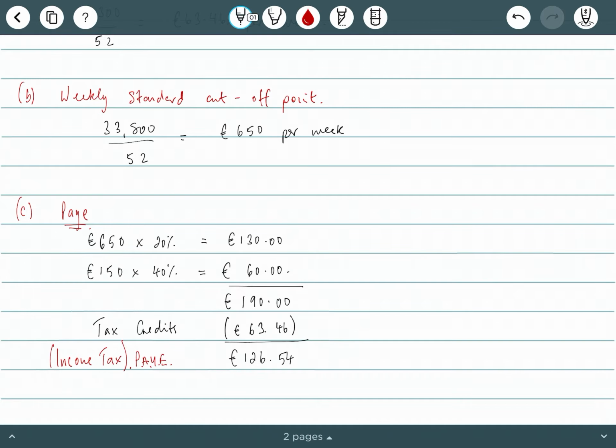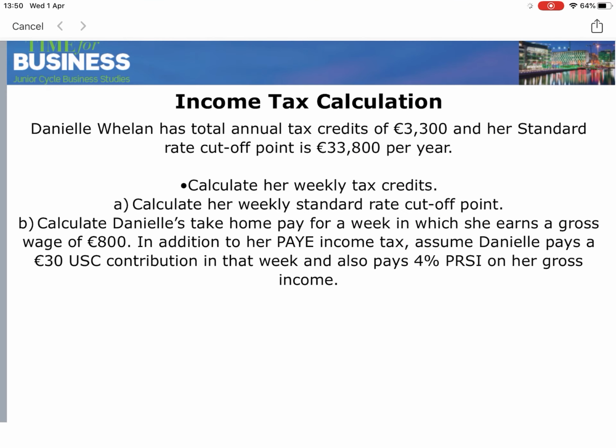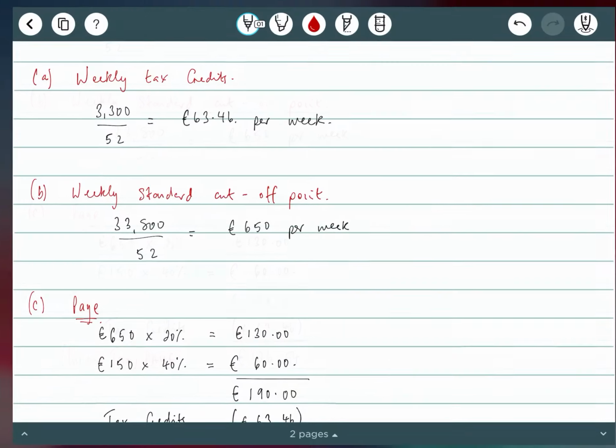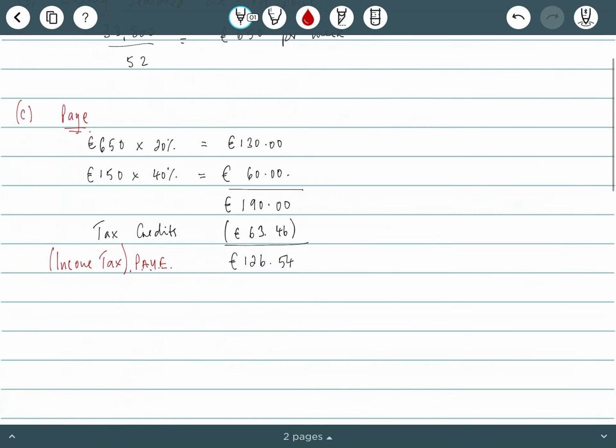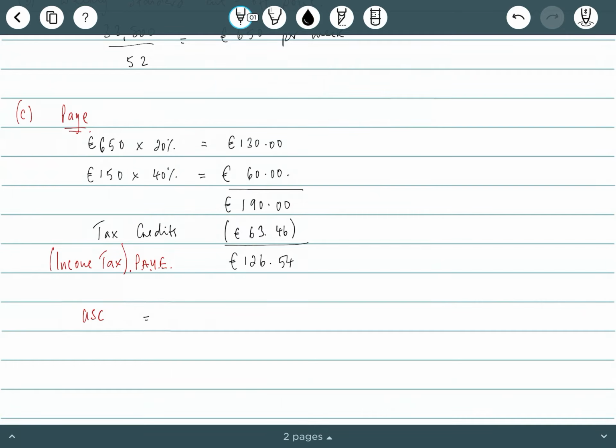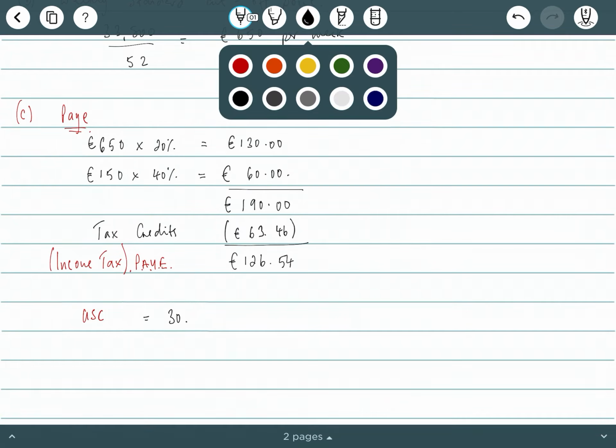Now, go back to the question. They want us to calculate the take-home pay, so we have to take into account the PAYE, USC, and then there's 4% on her gross income for PRSI. The PAYE is 126.54, we know the USC is 30, given to you in the question.